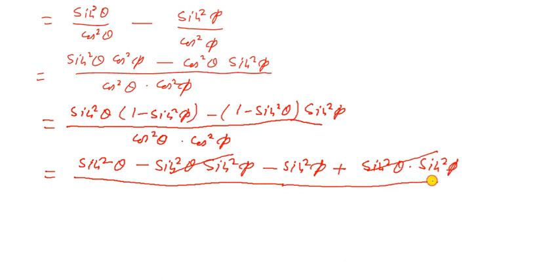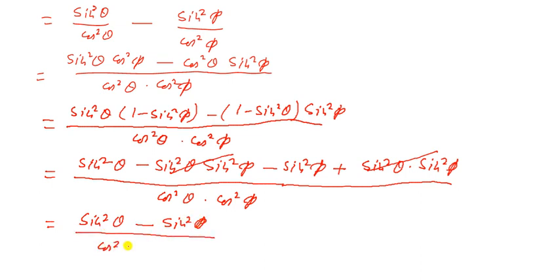So sin square theta sin square phi will cancel out each other, and we get in the denominator only cos square theta and cos square phi. So what will happen? It becomes sin square theta minus sin square phi upon cos square theta into cos square phi, and that is the right hand side. So you can say it is your right hand side, hence proved.